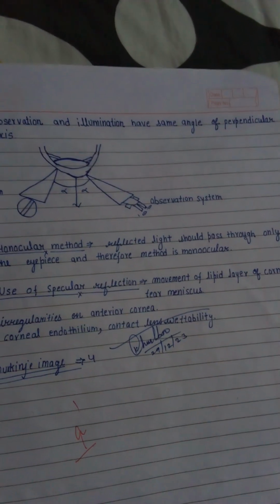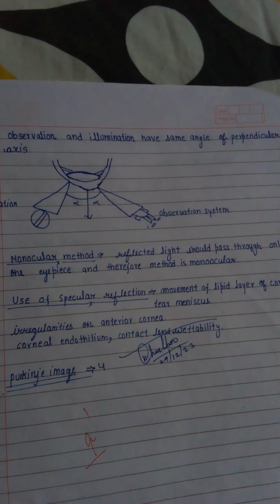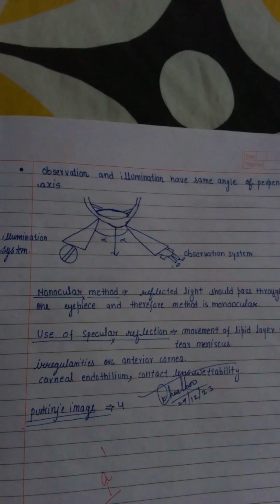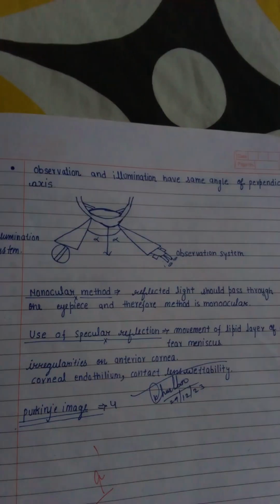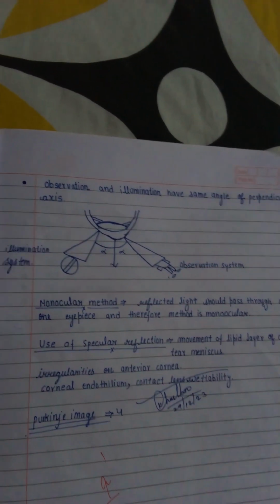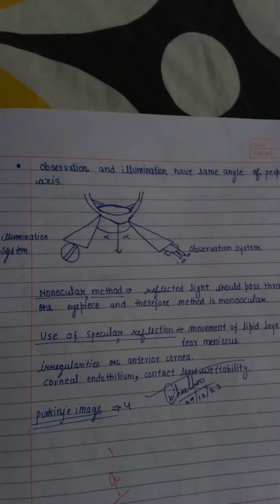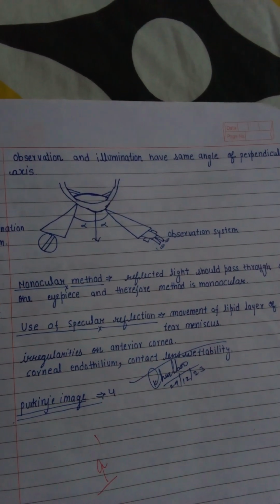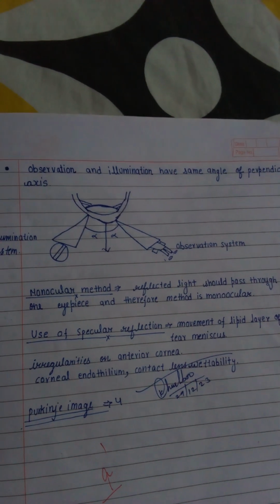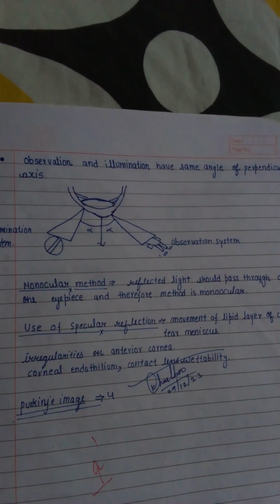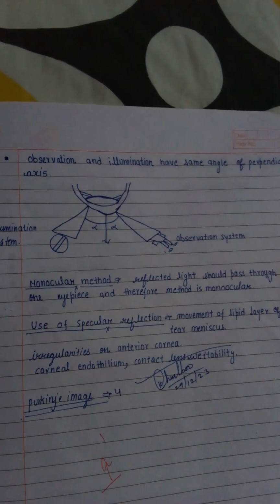So this is our specular reflection. Now we will discuss the monocular method. Reflected light should pass through only one eye, and therefore the method is monocular. So specular reflection can be seen more easily by only a single eye, so it is a monocular reflection.